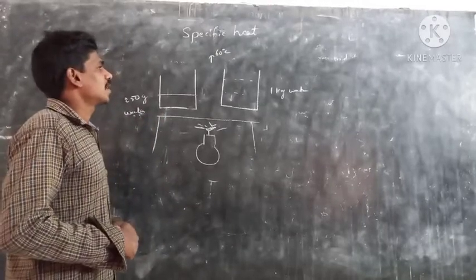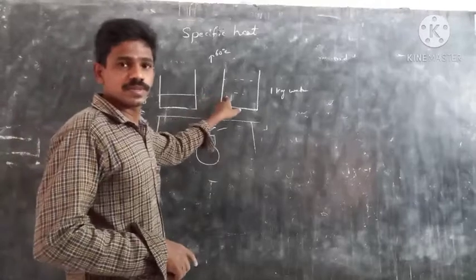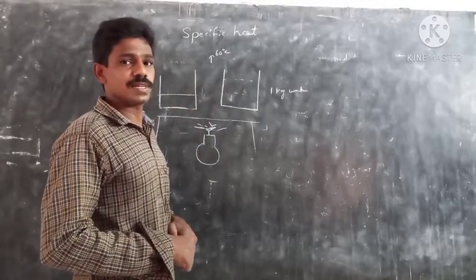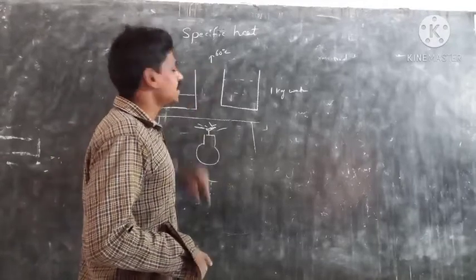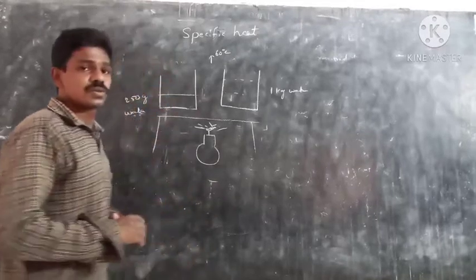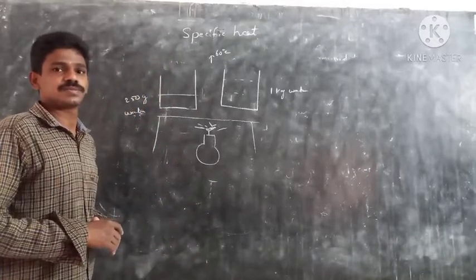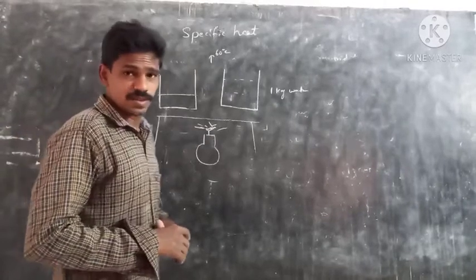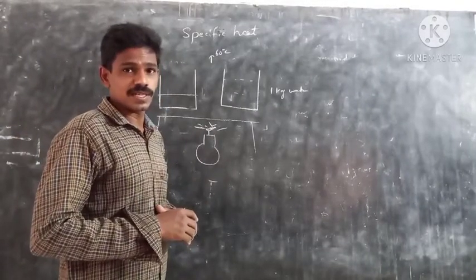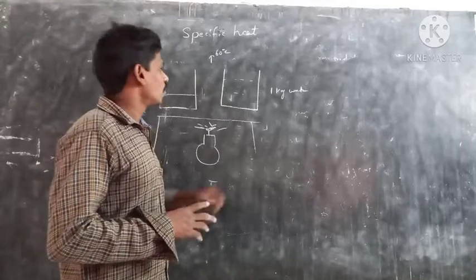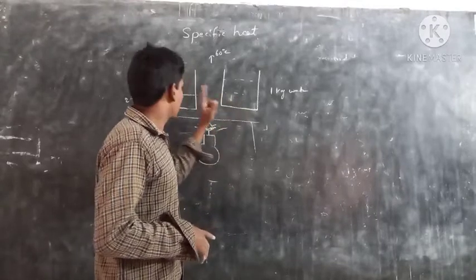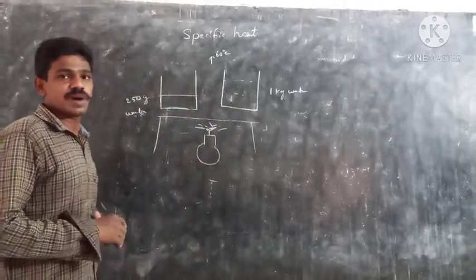That means 1 kg of water needed more heat energy to reach 60 degrees centigrade, to rise its temperature, when compared to 250 grams of water. We need to supply more heat energy to a greater quantity when compared to a lesser quantity of mass.